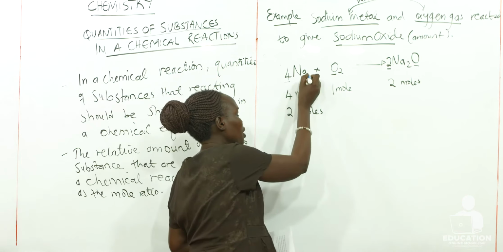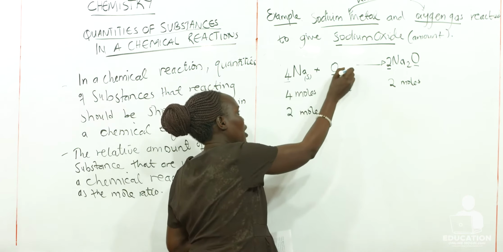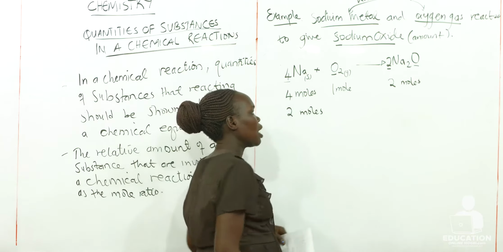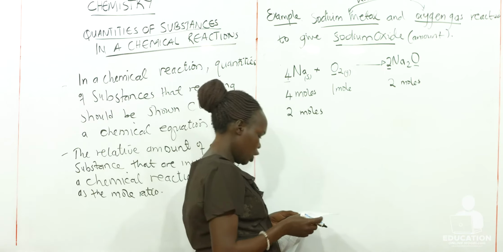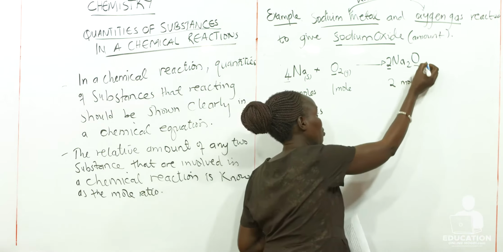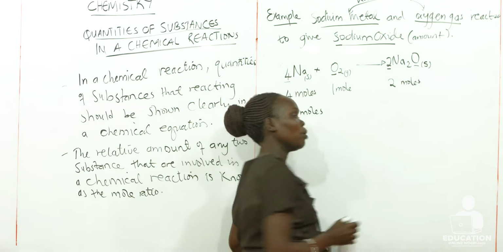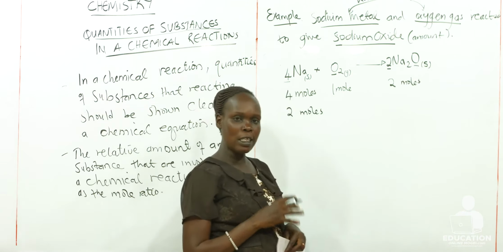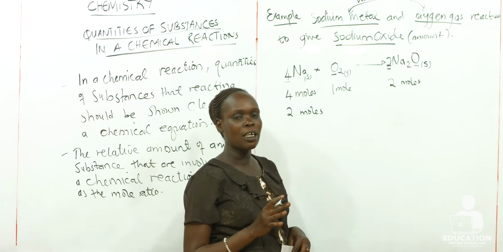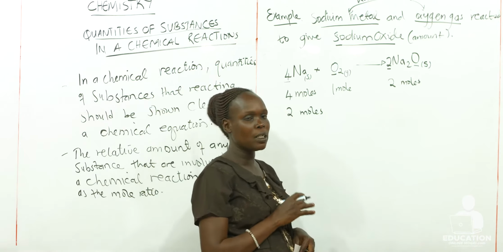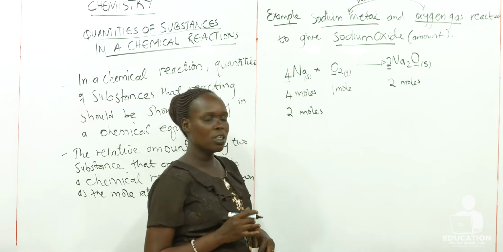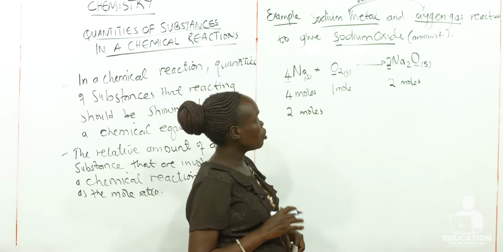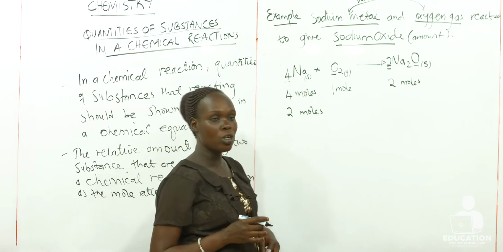In this case we know that this is a solid, and here oxygen is represented as a gas, which is O2(g), and sodium oxide is also a solid. So the physical states of the reactants and the products we have already known. Sodium is a solid, oxygen is a gas, and sodium oxide is a solid.